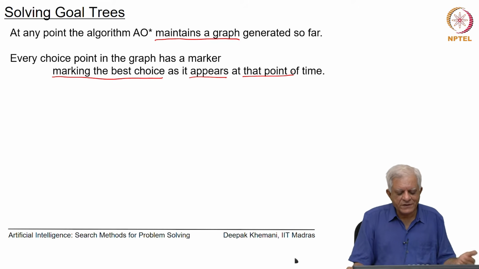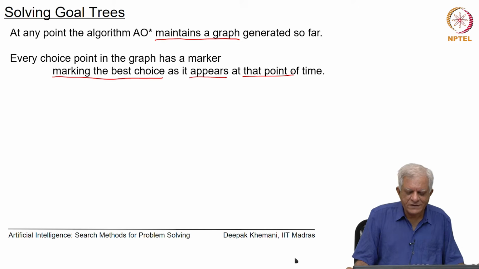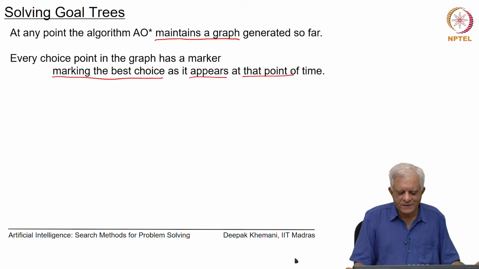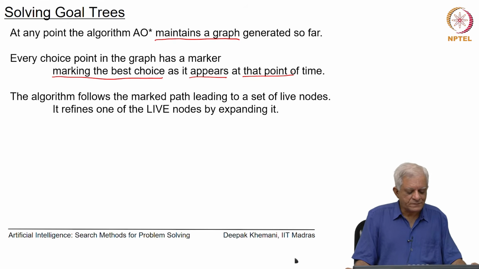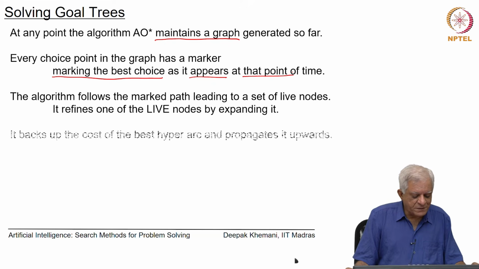And this is going to be used to decide which approach the algorithm will refine further. The markers will tell you where the unsolved or live nodes are that you want to work on. So, the algorithm will follow the marked paths leading up to a set of live nodes, and it refines one of the live nodes by expanding it. That is the basic idea behind the algorithm.